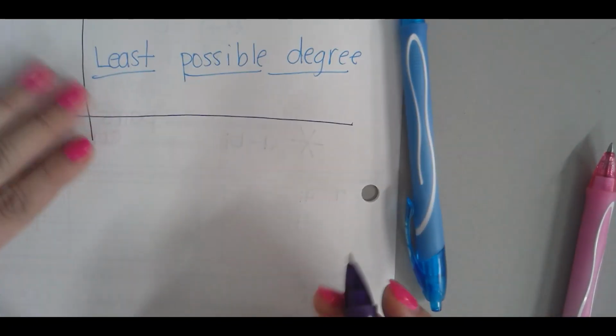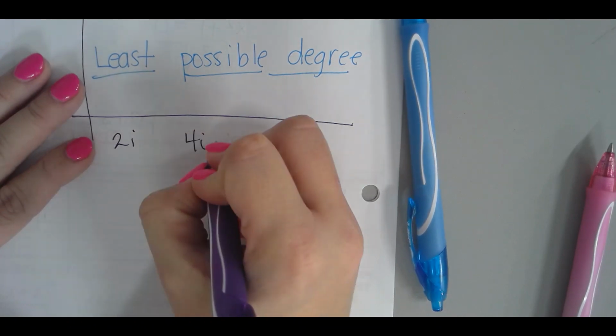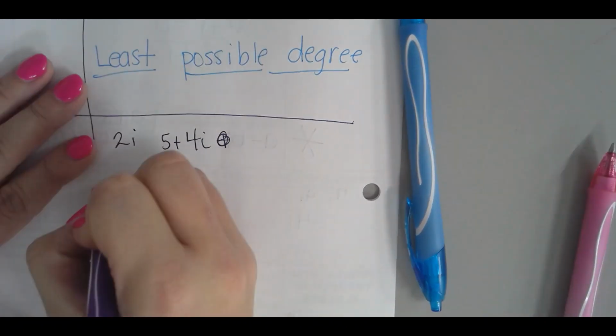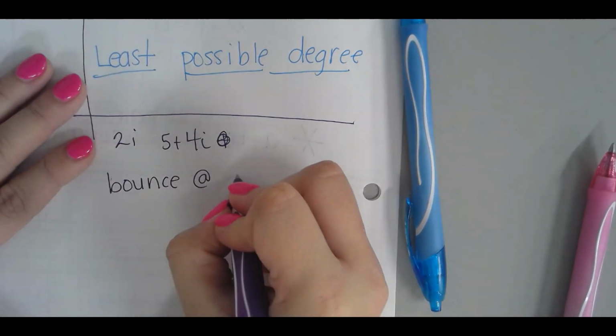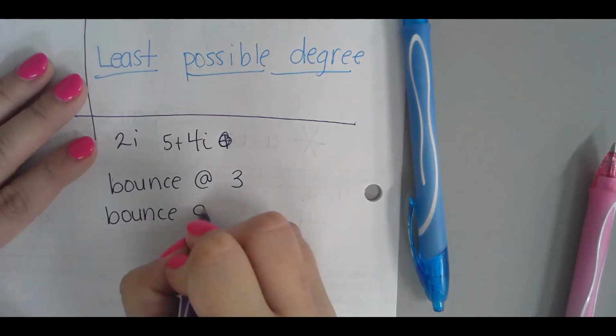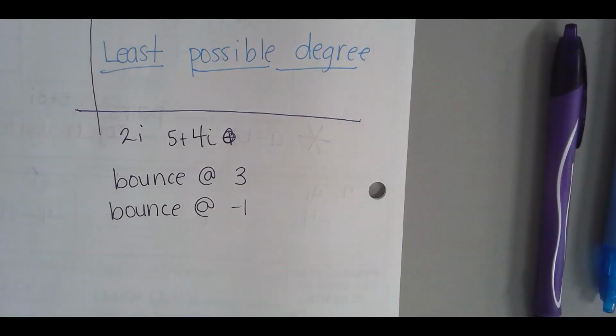I have an x-intercept at 2i, 5 plus 4i. Bounce at 3, bounce at negative 1. What is the least possible degree?